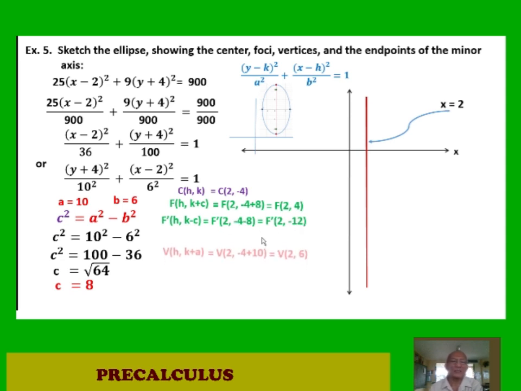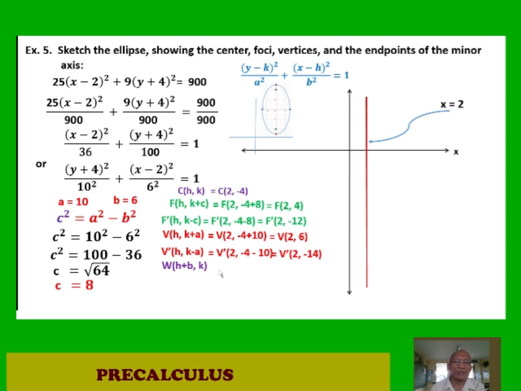Next, the vertices. H again is 2, k is negative 4, a is 10, so negative 4 plus 10 is 6. The other vertex, k minus a, so negative 4 minus 10 is negative 14.